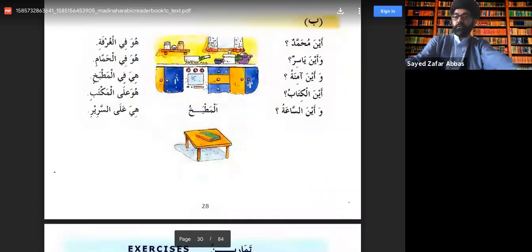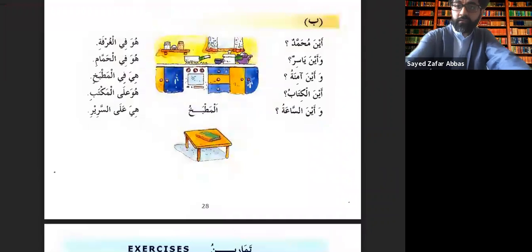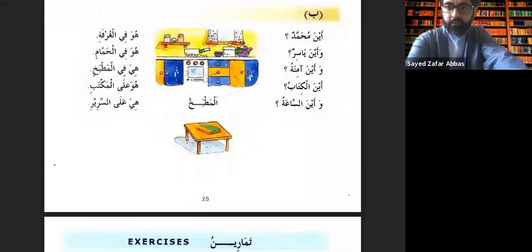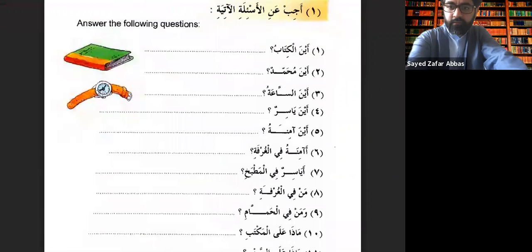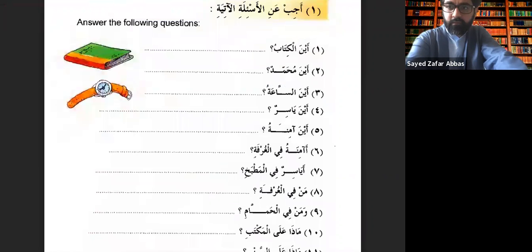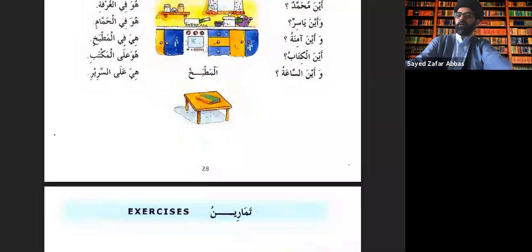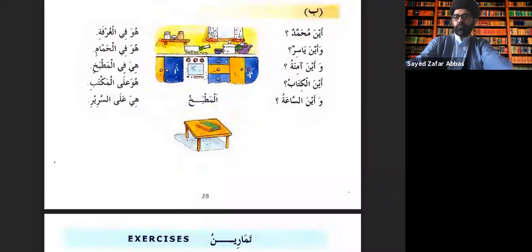She is in the kitchen. Okay. And then the next question we have is آمنة في الغرفة? Is Amina in the room? لا. هي في المطبخ. She is in the kitchen.